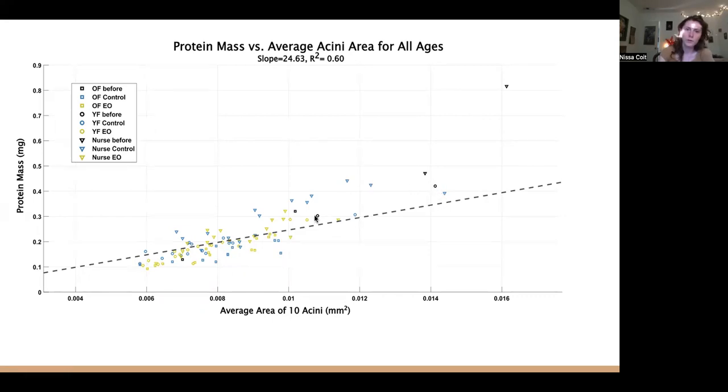The young foragers here, the circles, before treatment, had a little bit lower, and the old foragers had even lower in both parameters. And there's a pretty positive correlation between the two. As acini get bigger, or rather maybe as protein gets bigger, acini also enlarge. So that was the general trend, which was interesting.